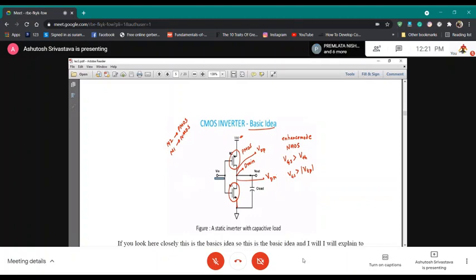Right. So you should also remember that whenever we are talking about gate voltage, definitely it should be having voltage higher than the threshold voltage.